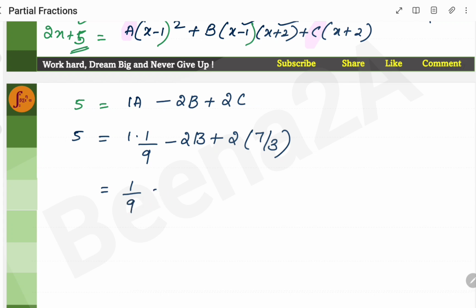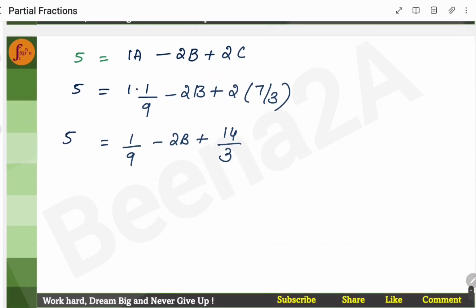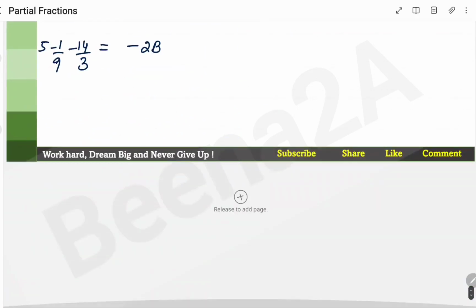1 by 9 minus 2b plus 14 by 3 is equal to 5. Now you have to solve all these, that's why it becomes lengthy. Unnecessarily we'll be increasing the number of calculations. So if I calculate this, let me keep minus 2b here and shift everything there. So it will be 5 minus 1 by 9 minus 14 by 3. Now I have to take the LCM.